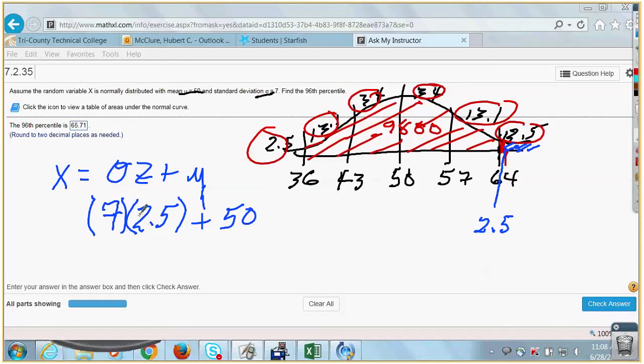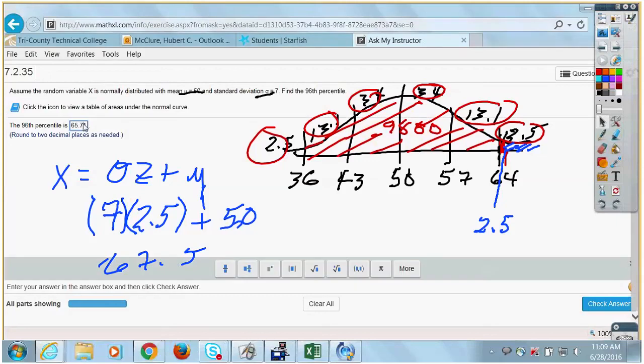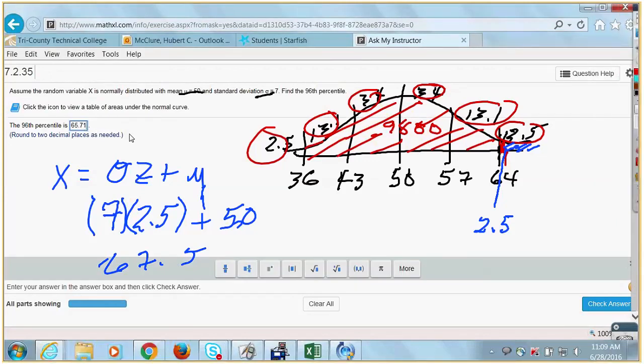And 7 times 2 is 14, and then half of 7 is 3.5, so that'd be 17.5 plus this is 67.5 or something like that. I think that'd be right. So we take your handy dandy cursor and we'll type in 67.5 and see what we get.